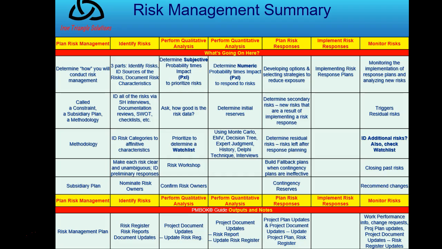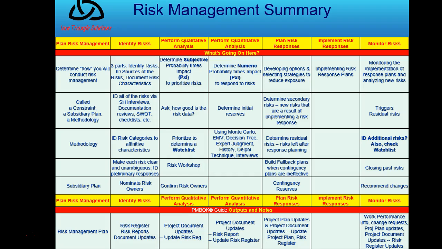You're going to do this through stakeholder interviews, documentation, SWOT analysis, checklists, etc. You're even going to identify categories, and by doing that you can affinitize the characteristics or put them in a grouping, which means you can address risk responses to that group. And you'll make each risk clear and unambiguous, right? And nominate owners.